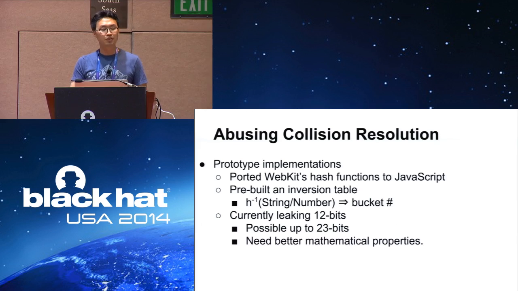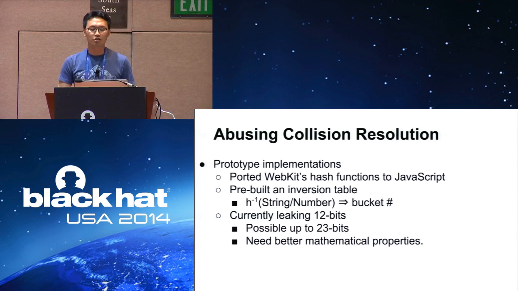We also pre-built an inversion table. Usually a hash function takes the string or number and returns the bucket. So we built the inversion table, which maps from the bucket back to the string and number, so that we can further optimize our computations in JavaScript.